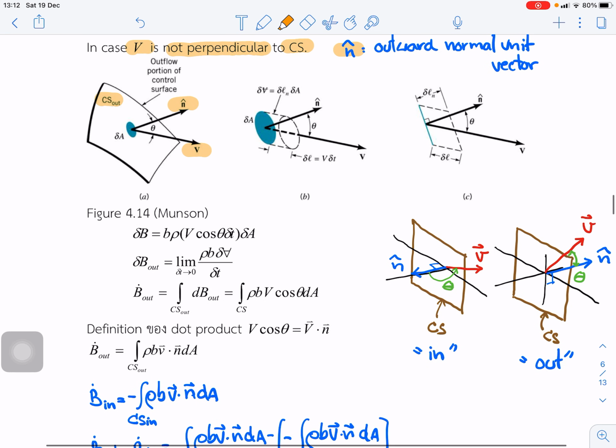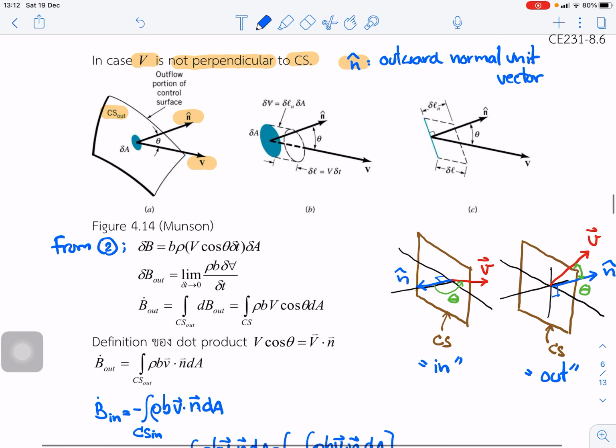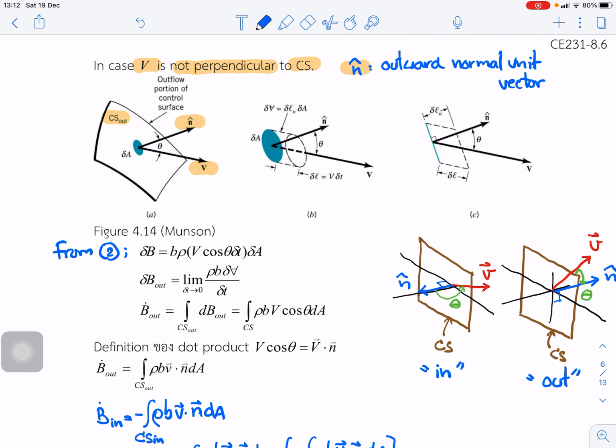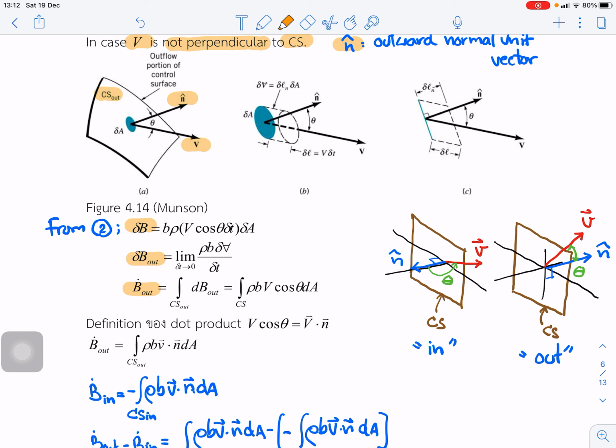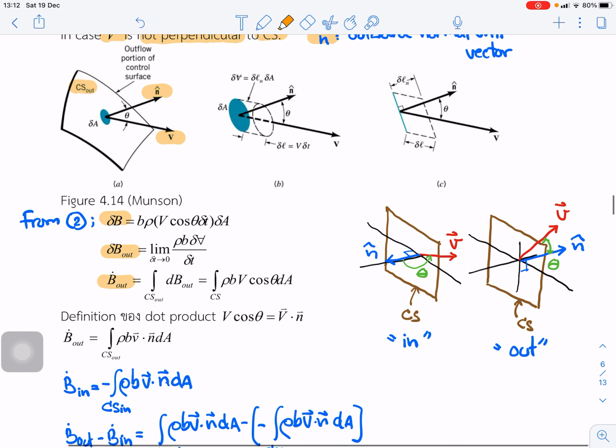From equation 2, delta B is given by this equation, and we convert the outflow of B in terms of a limit, which gives the outflow rate of B in terms of an integral.